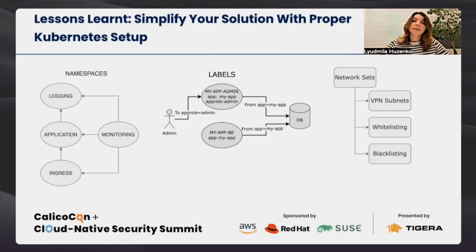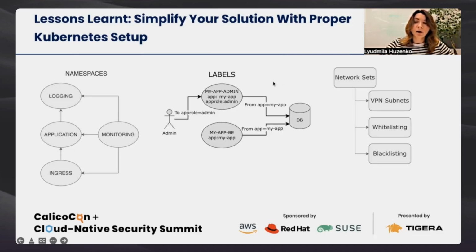The second entity that is used in Calico policies is labels. When you are migrating your application to Kubernetes, you should think about correct labeling of your application. A certain service requires a specific network security rule. You should provide it with an additional label. For example, you have the My App application, which includes backend pods and admin pods.